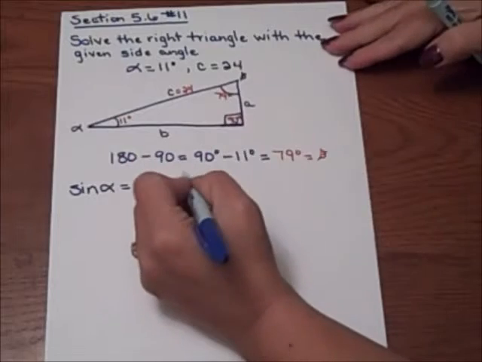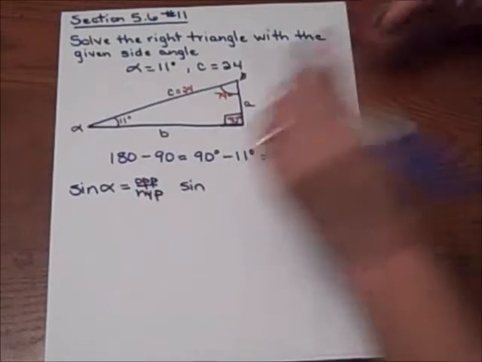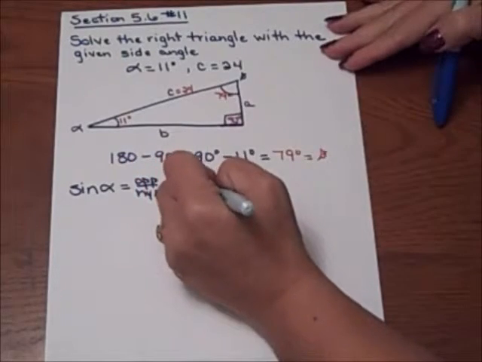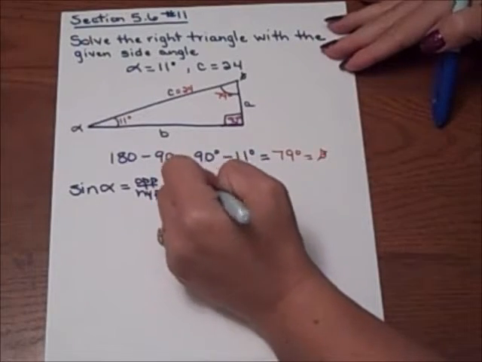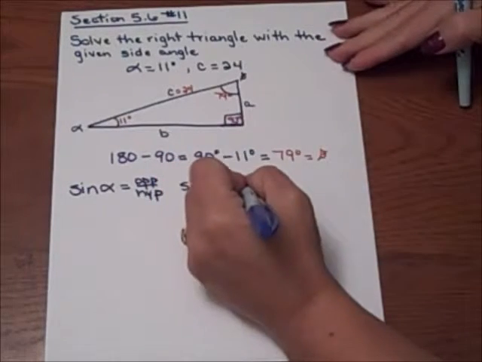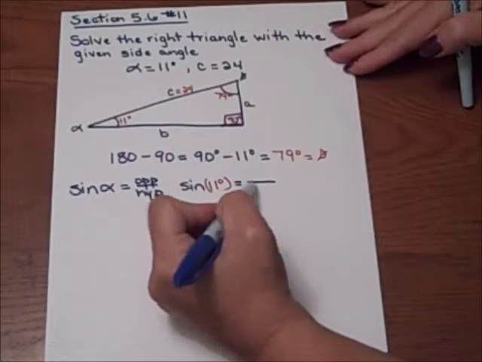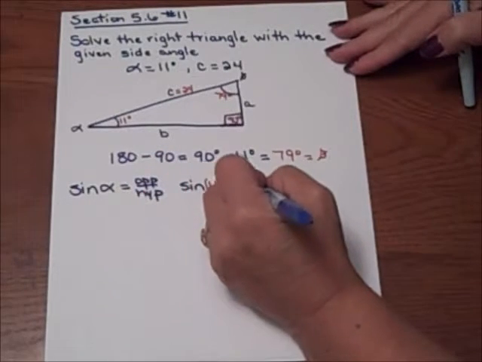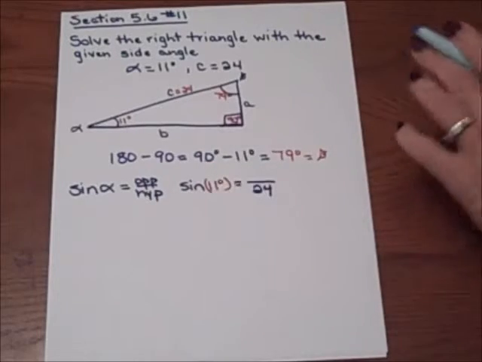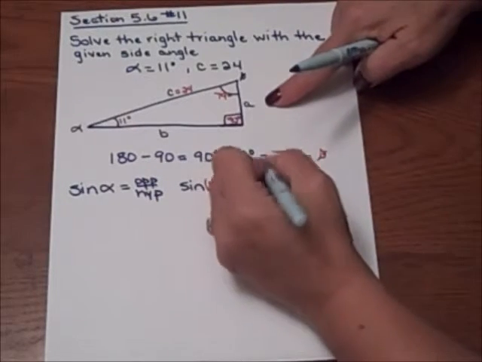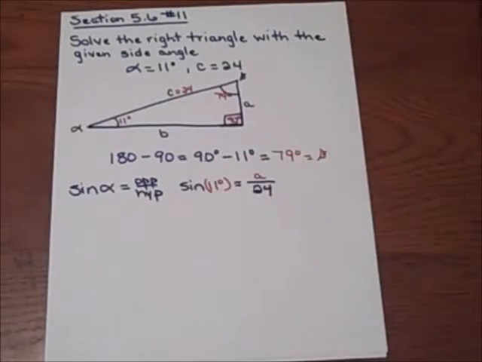I know sine of alpha is 11 degrees equals, and on this side I only know the hypotenuse, so I'm going to put that in, 24, and of course we're looking for A.